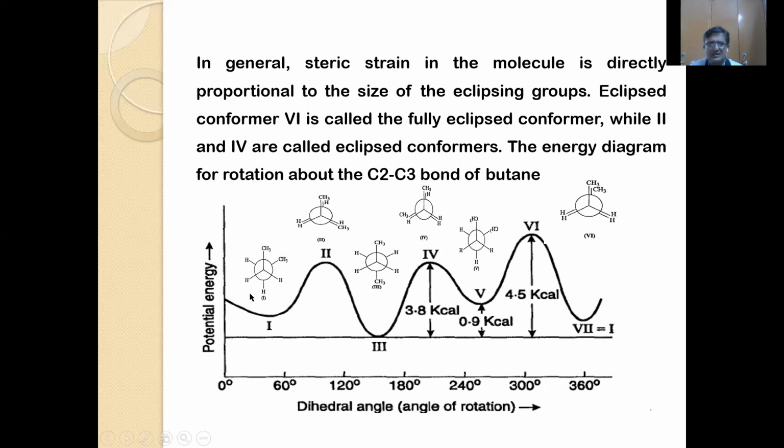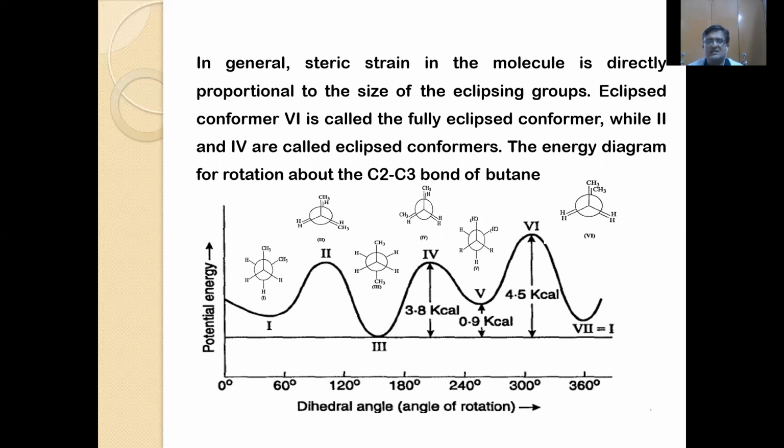The fifth and first are more or less having the same 0.9 kilocalories per mole. So how much more stable is a staggered conformation? It is stable by 3.8 kilojoules per mole. So this much amount of energy we will observe in the case of the conformers of butane.